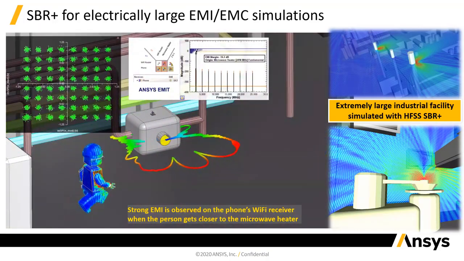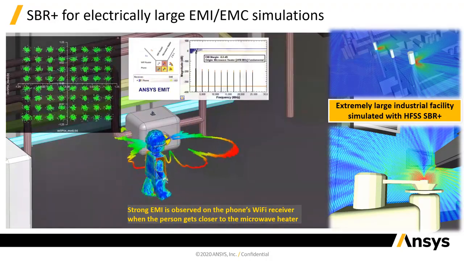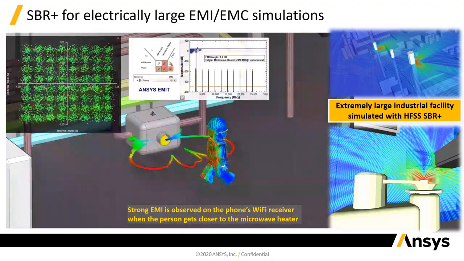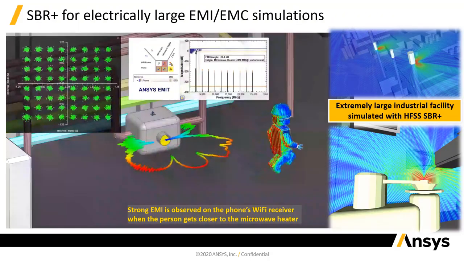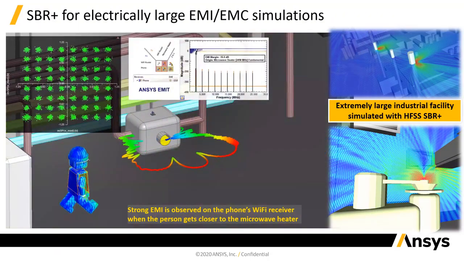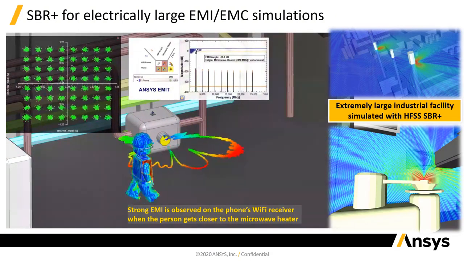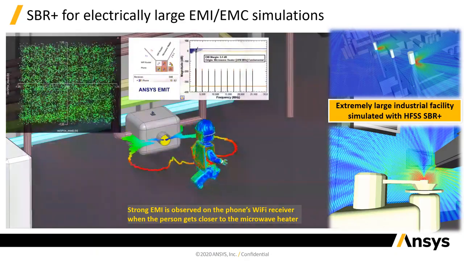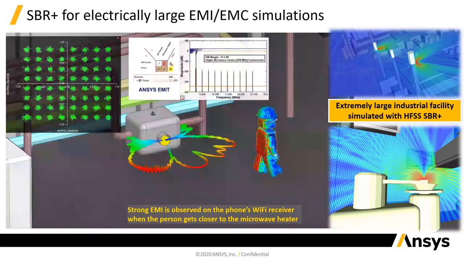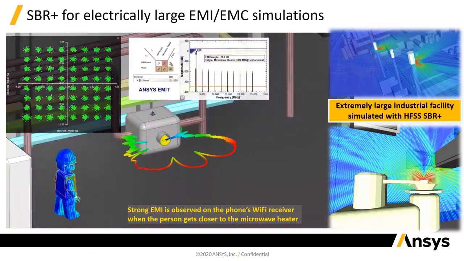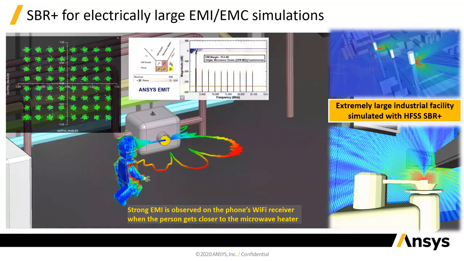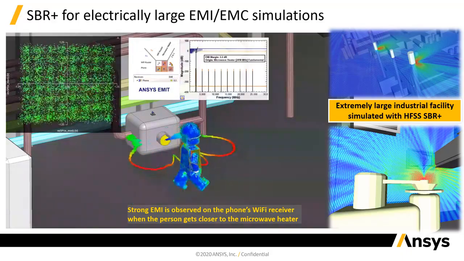It's an industrial facility, and we have here a worker with a Wi-Fi receiver, and we have a microwave heater that is generating some noise. So every time this worker gets closer to the microwave heater, you can see on the left side on the constellation diagram, we are using a 64 QAM modulation, the symbols scramble.